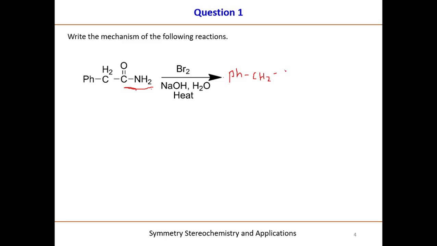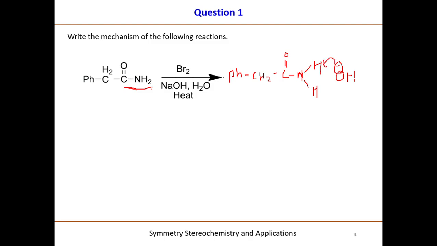And then carbonyl, then nitrogen, and nitrogen has 2 protons, correct? So then here the deprotonation will take place from nitrogen. So OH minus, that is we have here in this reaction condition, OH minus will abstract the proton from here.